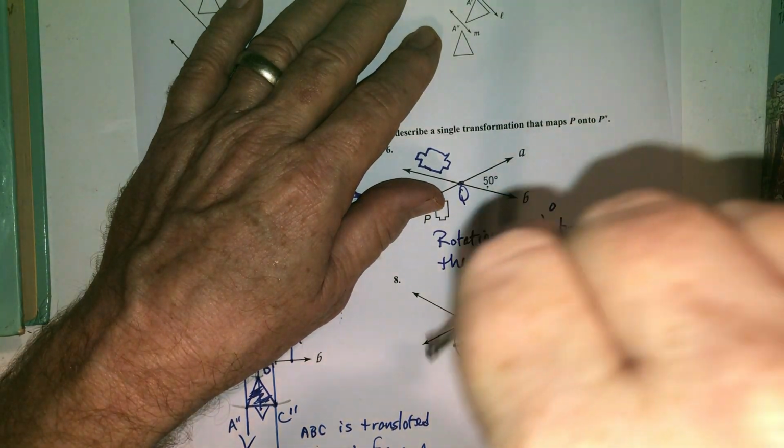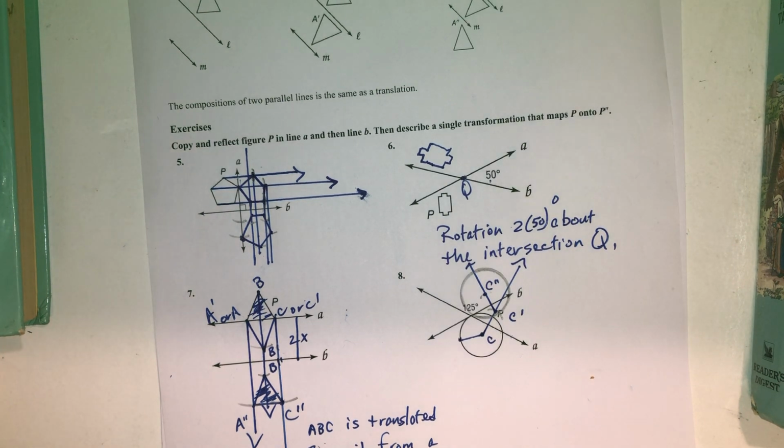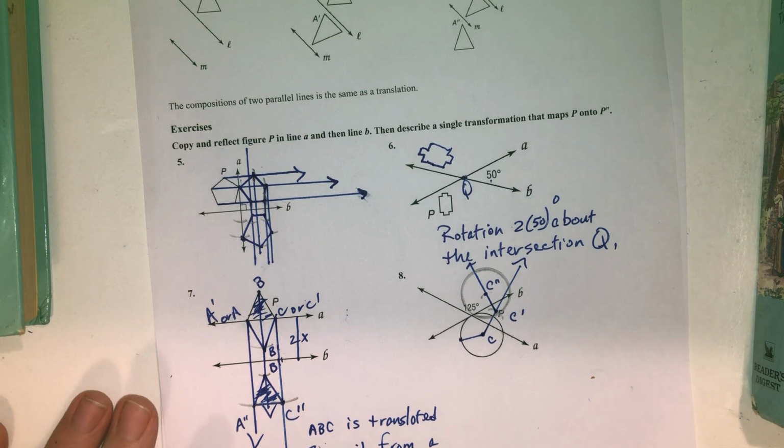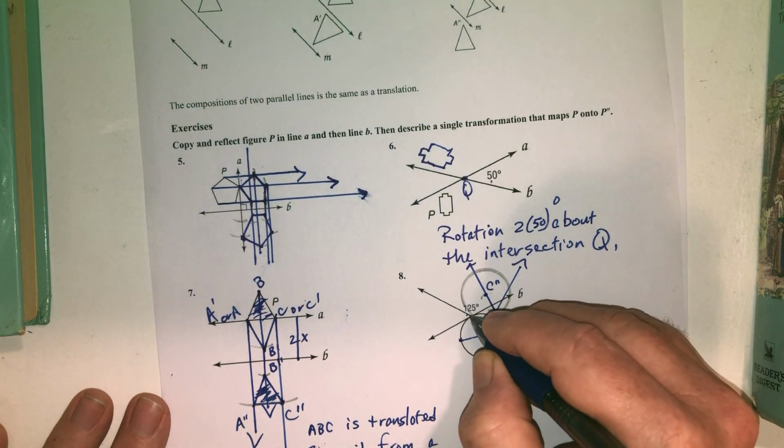Now, a minute ago, we talked about reflecting across intersecting lines being twice the angle. Well, it might be that we need twice the angle that it doesn't lie in. That might be better in this case, because it's going to be a rotation about this point.